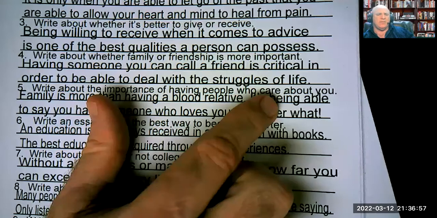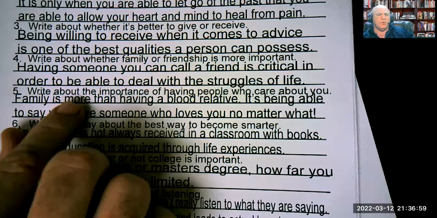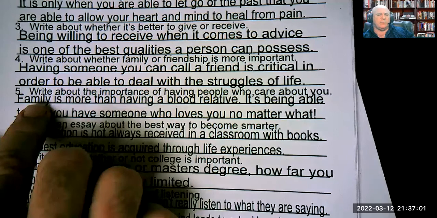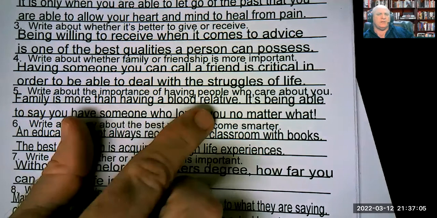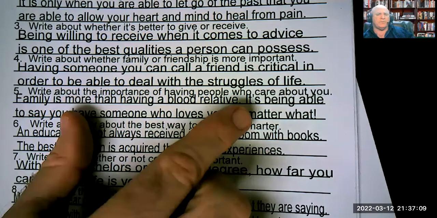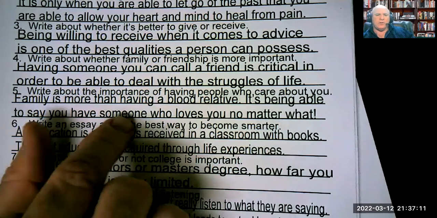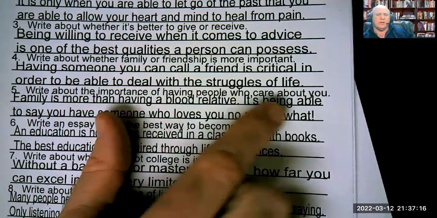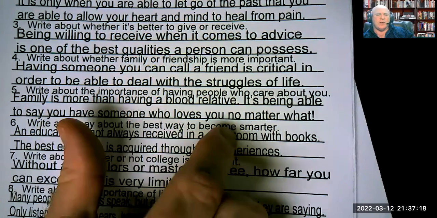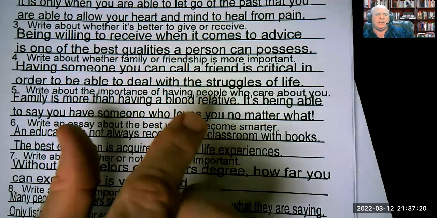So my thesis statement is family is more than having a blood relative. It's being able to say you have someone who loves you no matter what. People who care about you, love you no matter what. So I'm going to talk about people who care about me being like family.